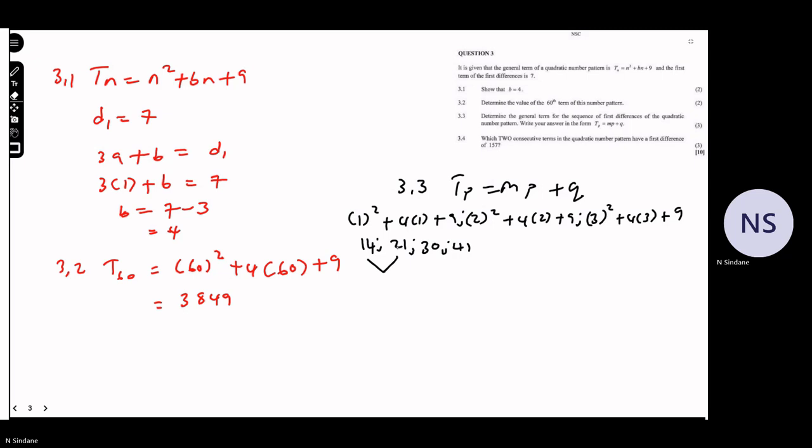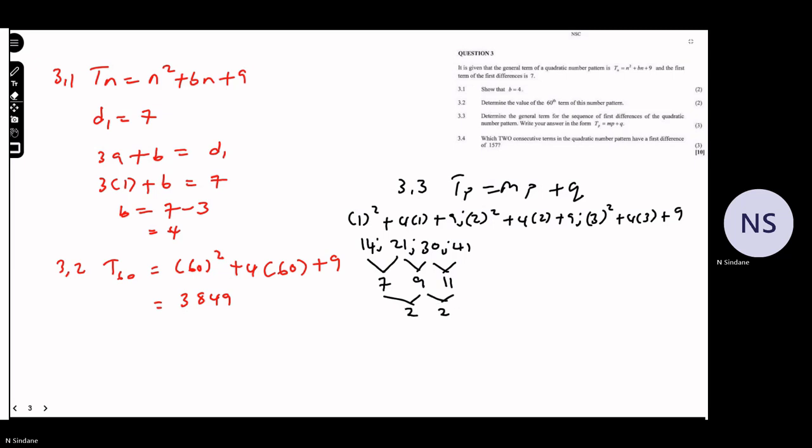Now let's get the first difference. 21 minus 14 is 7, and then 30 minus 21 is 9, and then 41 minus 30 is 11. And then let's get the difference for this: this is 2, this is 2.